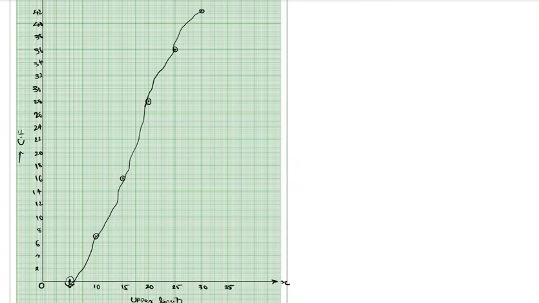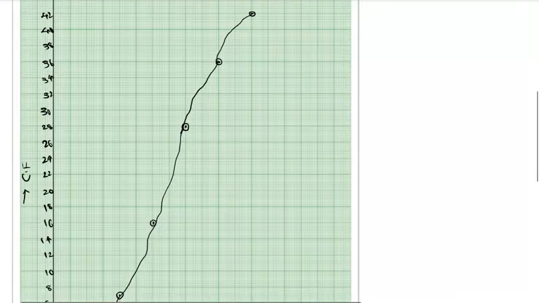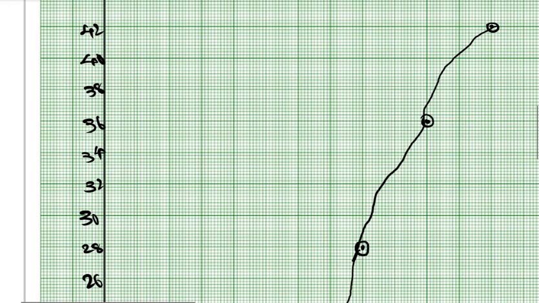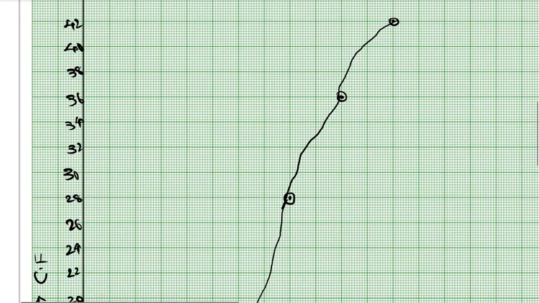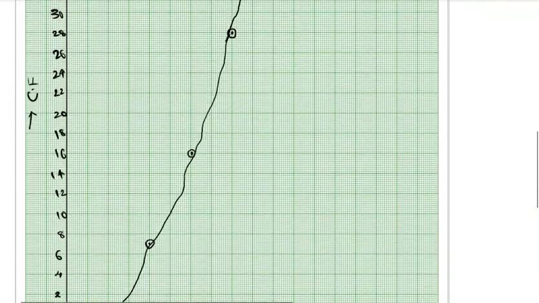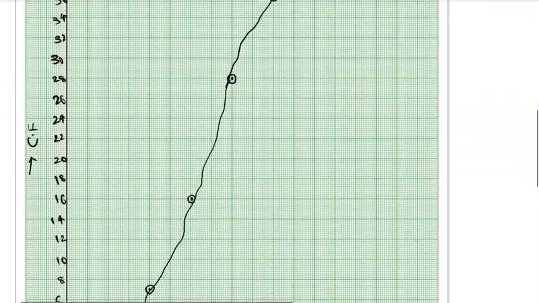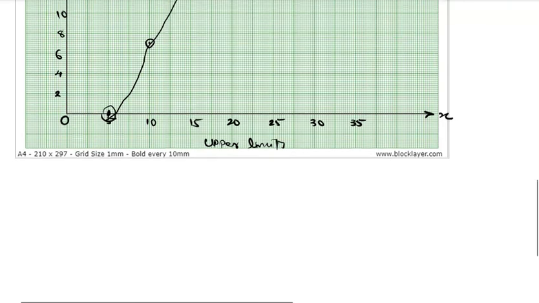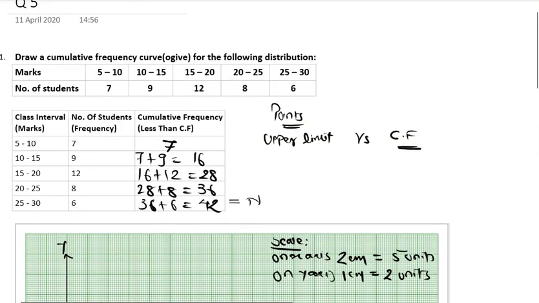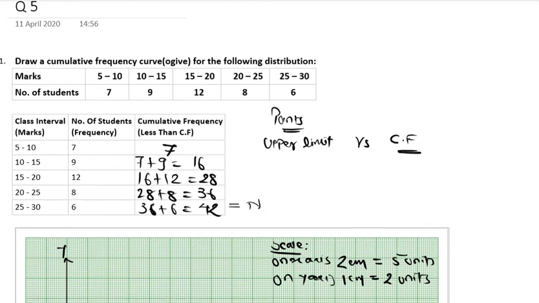So this is how it will look. Of course, much smoother than this. It should be much more smooth. Smooth means it should look continuous and it should be a curve. This is like a broken line. Anyway, you know how to draw an ogive now. So this is the cumulative frequency curve or ogive.